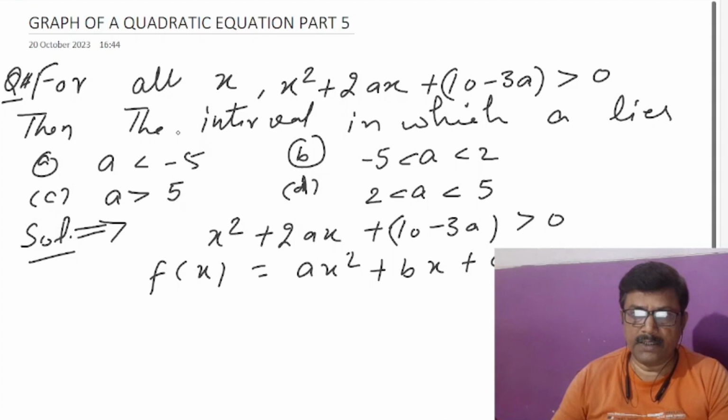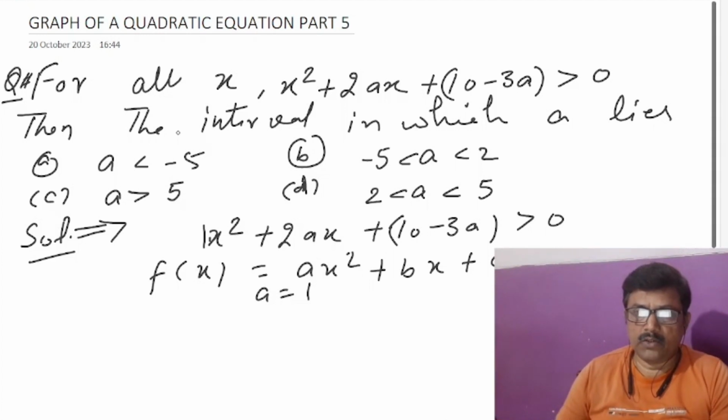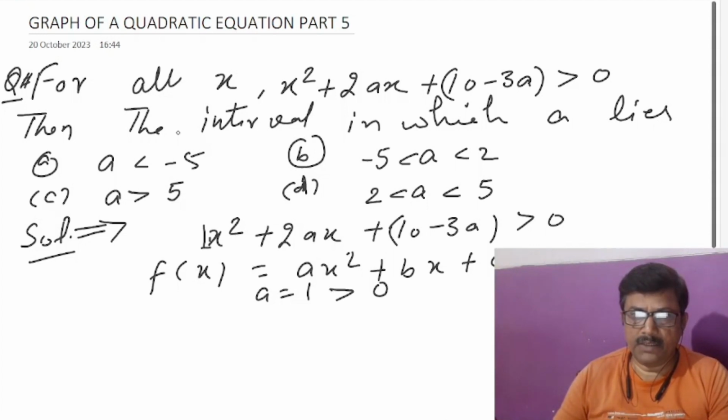You can see here the coefficient of x square is 1, so a is 1. See, this a and the a given in the question are different. The coefficient of x square is 1 in our question, so a equal to 1. So this is positive.